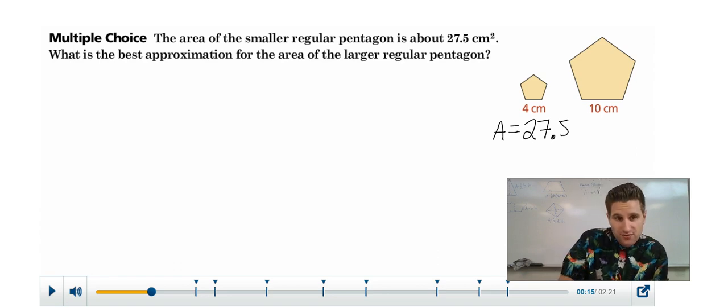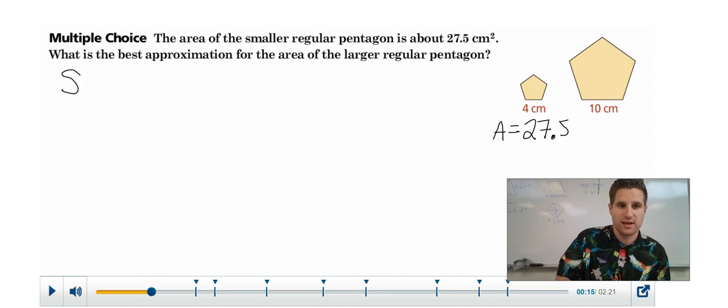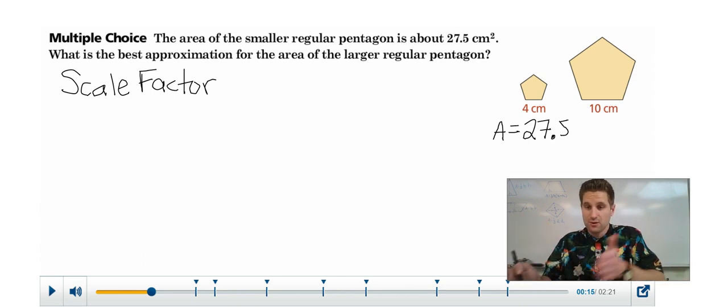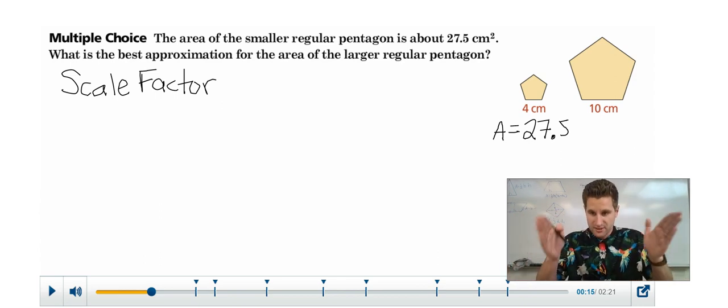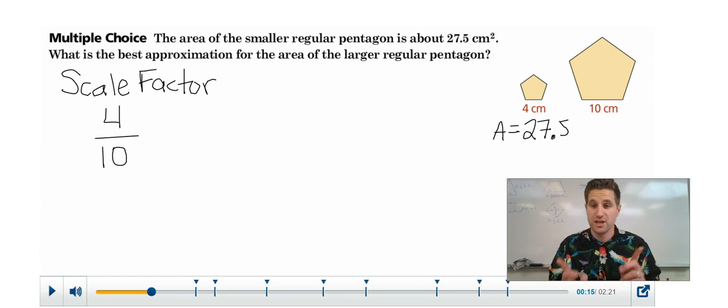Okay, so first of all, what is the scale factor? Let's get the scale factor first. Scale factor we've talked about before. It's basically saying what is one side compared to the other side. We want to make sure that they are the corresponding pieces. So here, 4 corresponds with 10. So that's our scale factor.